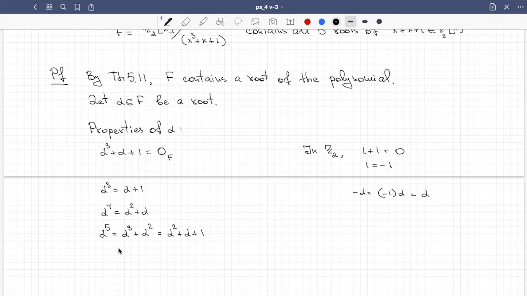I can multiply it again by alpha: alpha to the 6 is, multiply this by alpha, alpha cubed plus alpha squared plus alpha, which is, what is that?